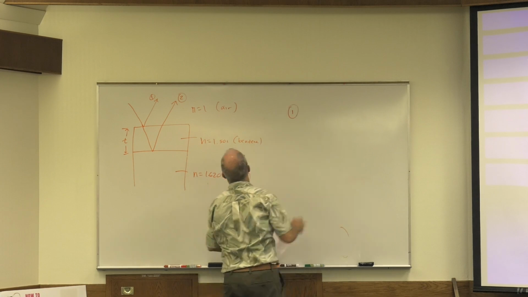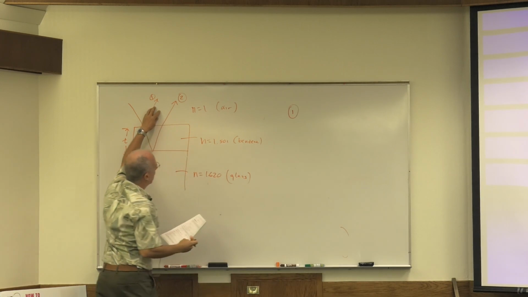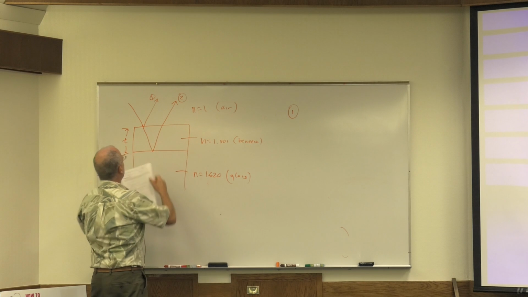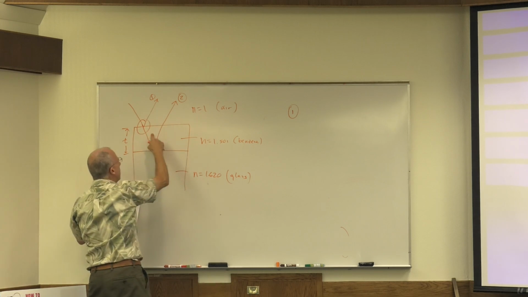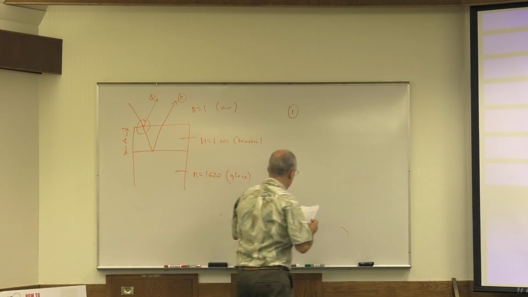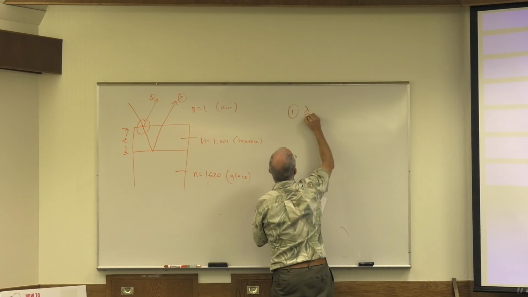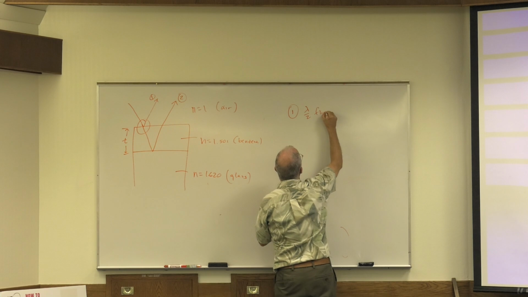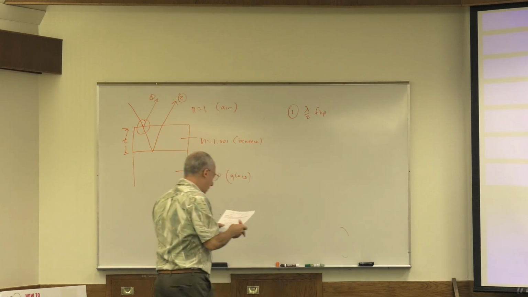Number 1 goes from air to benzene, small to large. It flips, lambda over 2 flip, or inversion, reflection, call it whatever you want.